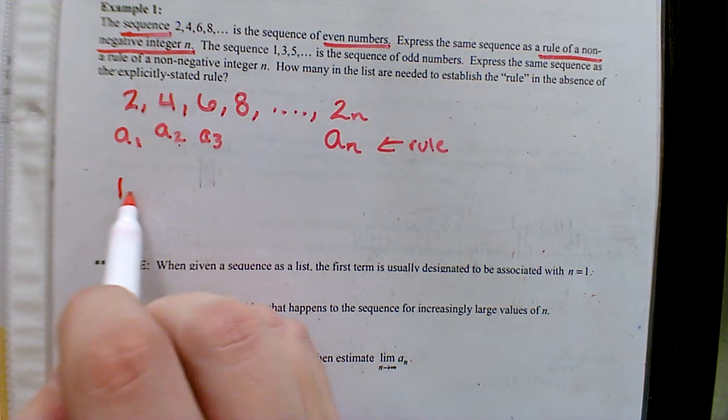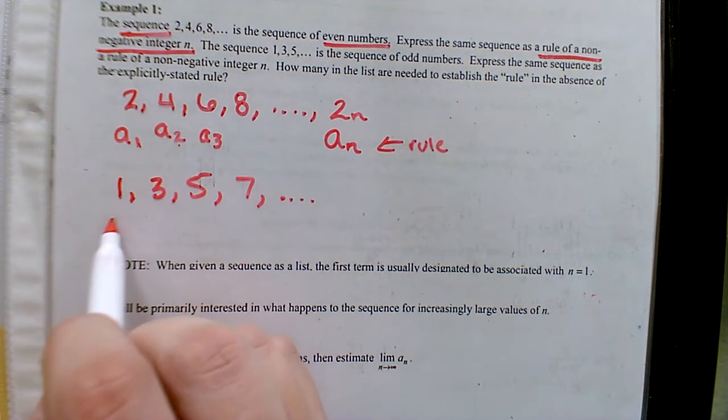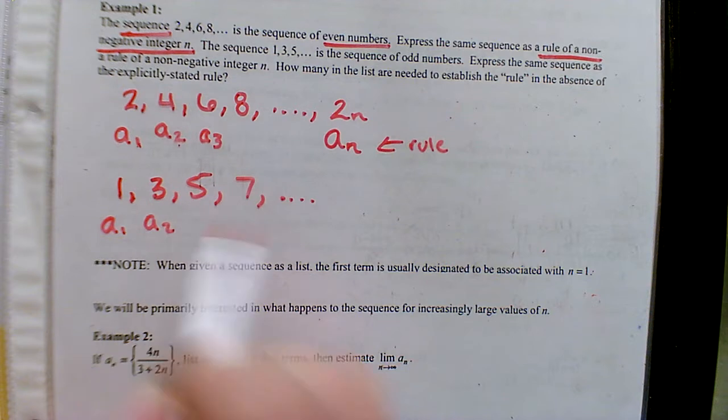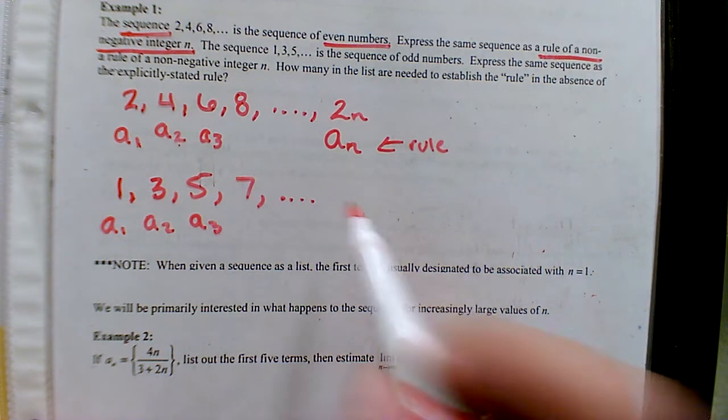All right, let's try the same thing for the odds. 1, 3, 5, 7, and so on. If you plug in 1, you want 1. If you plug in 2, you want 3. If you plug in 3, you want 5.